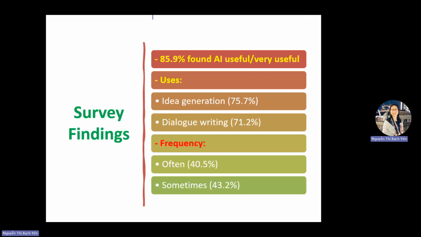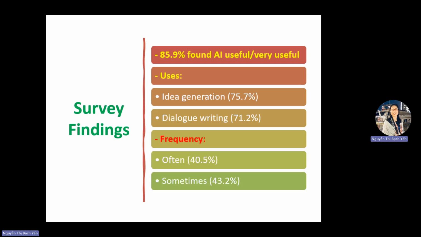Move to the survey findings. Yes, the results of the survey are very positive because a lot of students feel happy and feel that AI is useful or very useful for their learning.